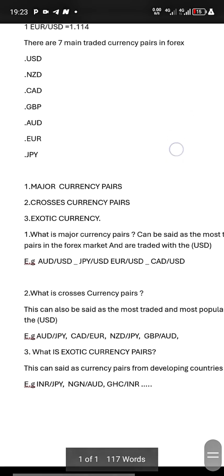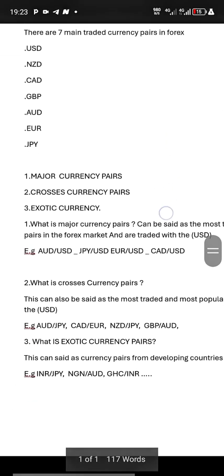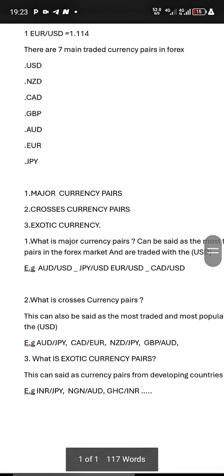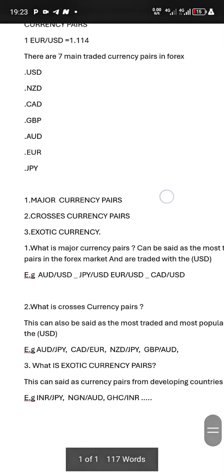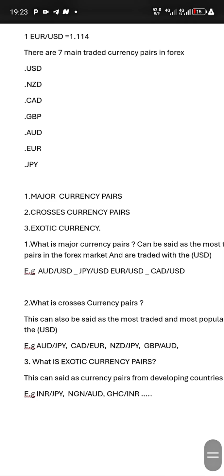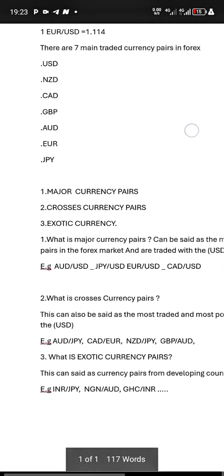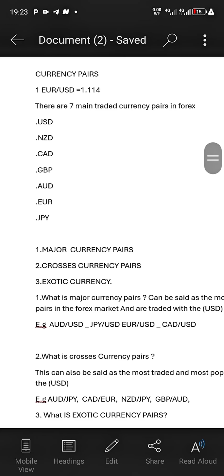So there's what we call high volatility in the forex market. I'll be getting to all this in my next videos, but let me just explain this very quickly. High volatility can be said to mean that prices are changing drastically, changing very fast.